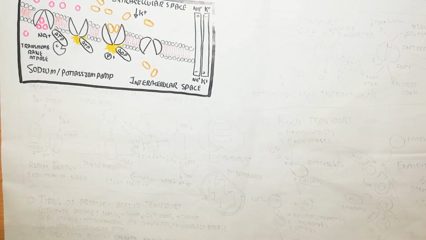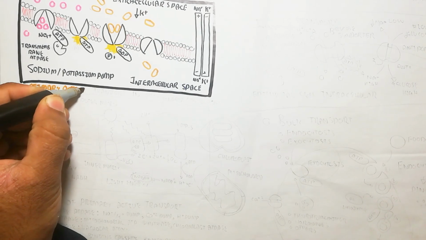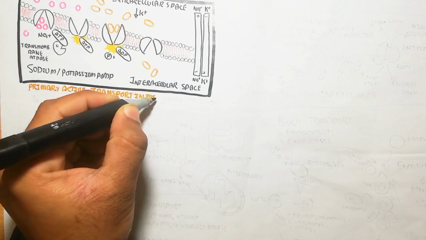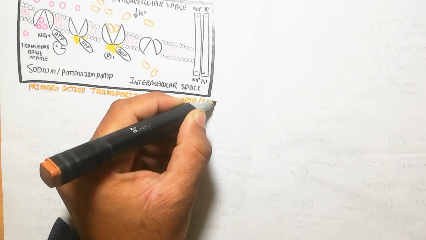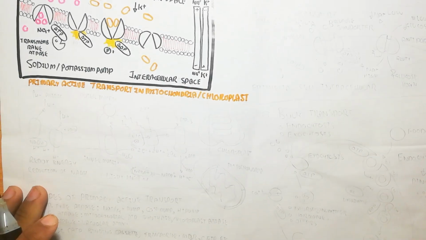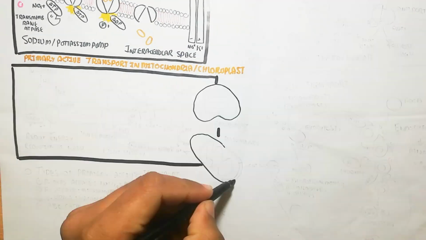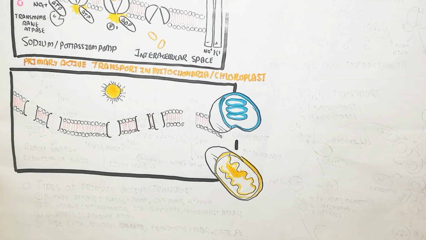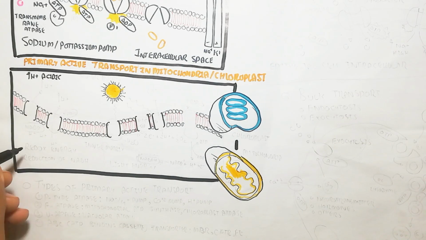Let's understand primary active transport in mitochondria and chloroplast. In mitochondria, first the reduction of NADPH, the redox reaction, produces redox energy that pumps protons out of the inner matrix of the mitochondria, so the proton concentration becomes higher, a more acidic medium.